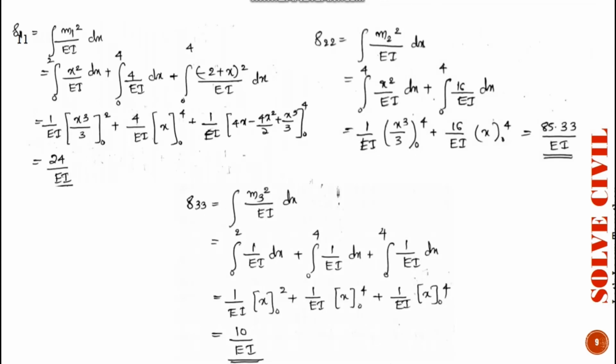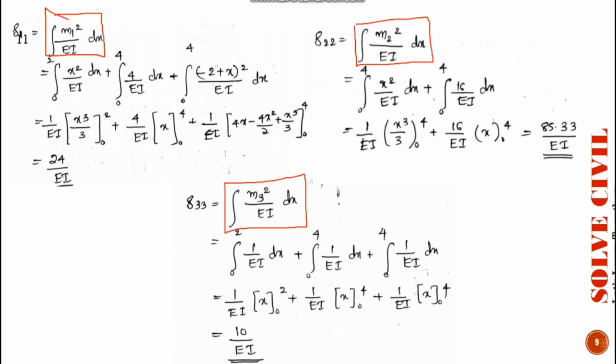Delta 11 is integral m1 square by EI dx. Delta 22 is integral m2 square by EI dx, and delta 33 will be integral m3 square by EI dx.